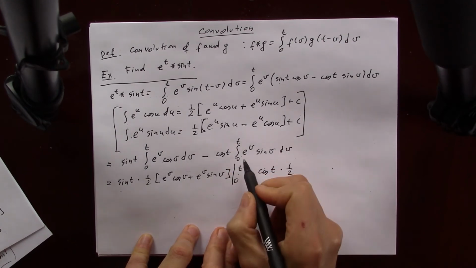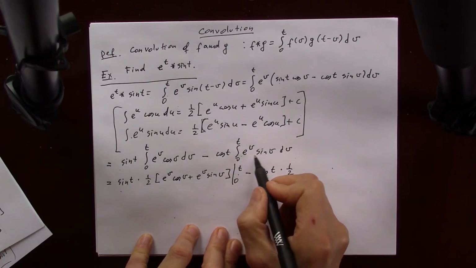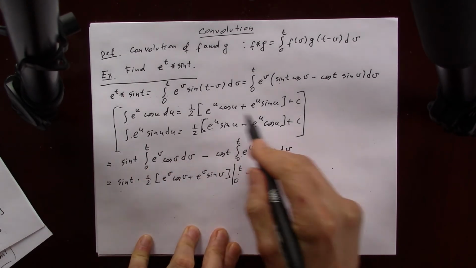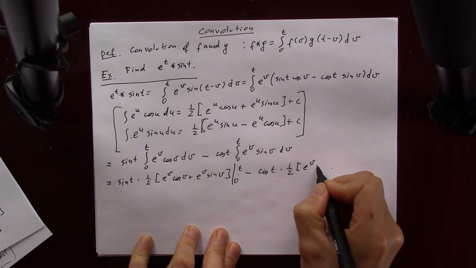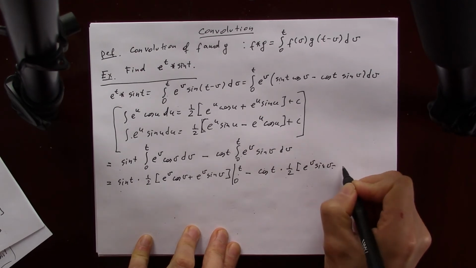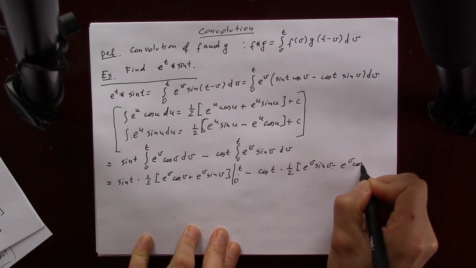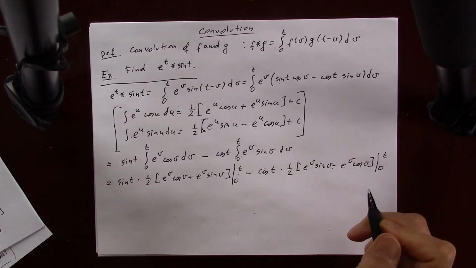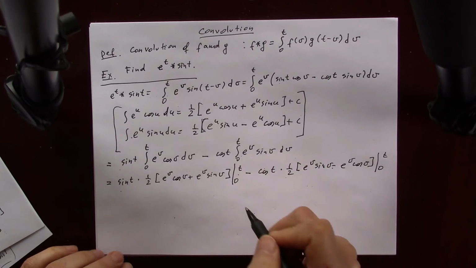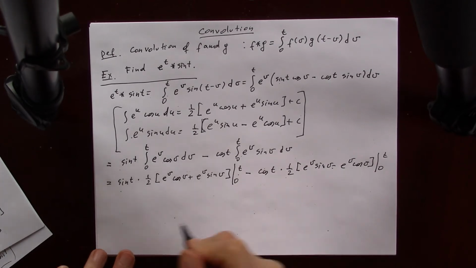We're using the formula for the antiderivative of e to the v sine v, this one, so 1/2 (e to the v sine v minus e to the v cosine v). V is changing from 0 to t, so we substitute the upper bound and the lower bound.